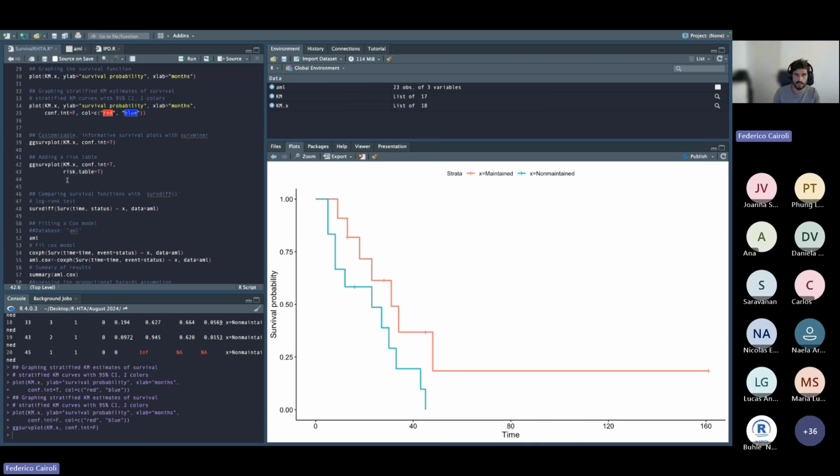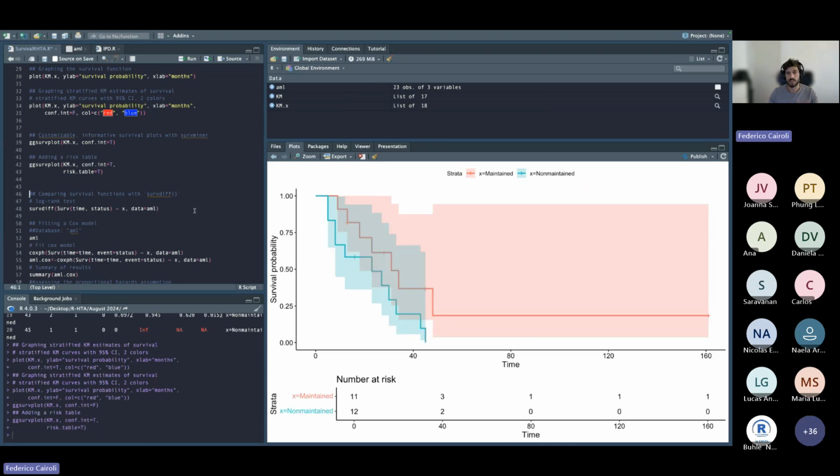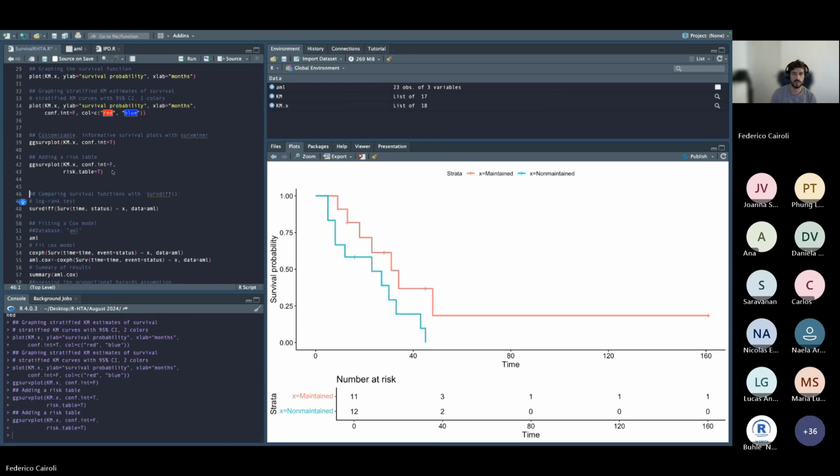If we run it, with the confidence interval and also with the risk table, you're going to see this. Basically, the total number of patients at risk at 0, 40, 80, 120, and 160. And again, the Kaplan-Meier curves with the confidence interval. If you would like to not see the confidence interval, you're going to see this.